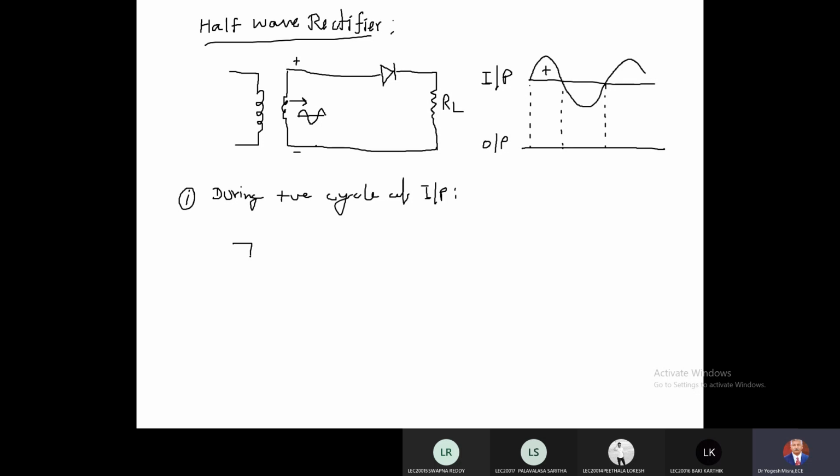During the positive cycle of the input, you will find this circuit diagram in this way.